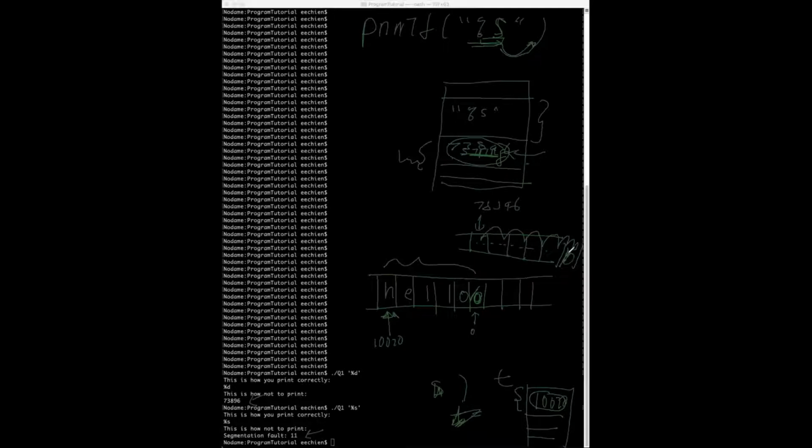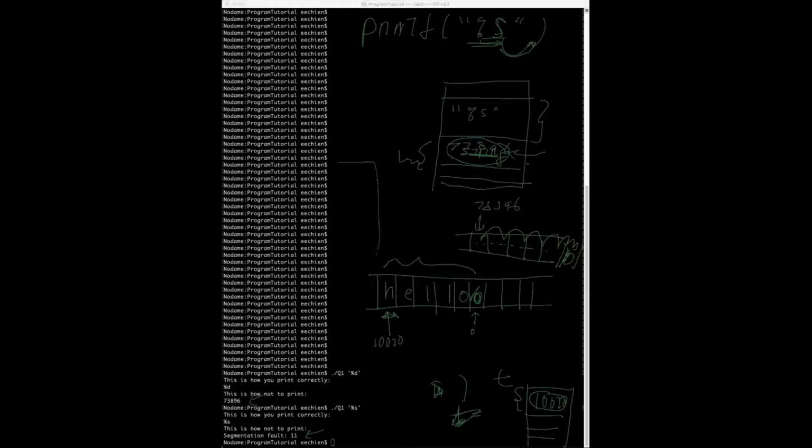So if a process attempts to access a location that it doesn't have access to, or that is out of bound, then a segmentation fault will be raised by the OS.